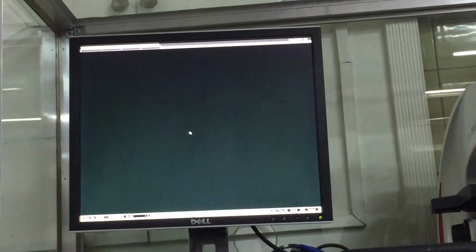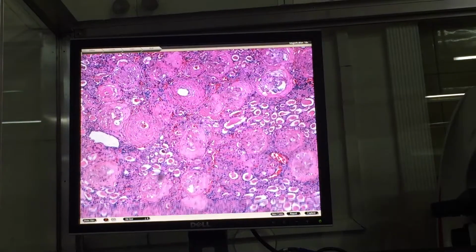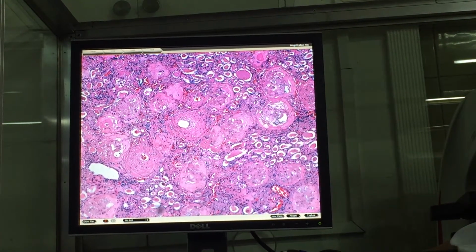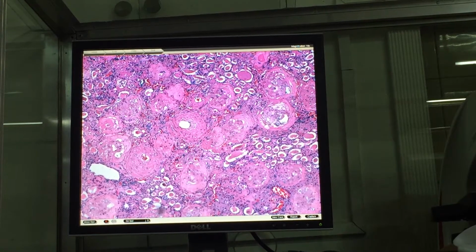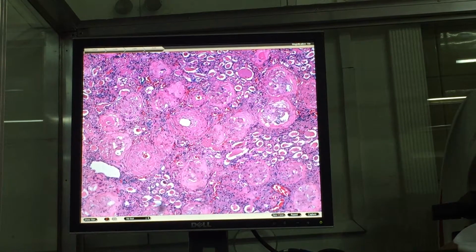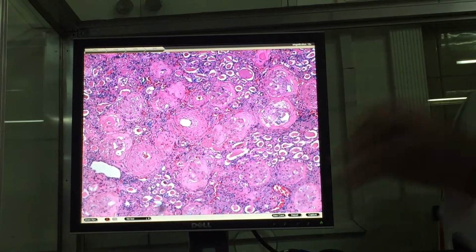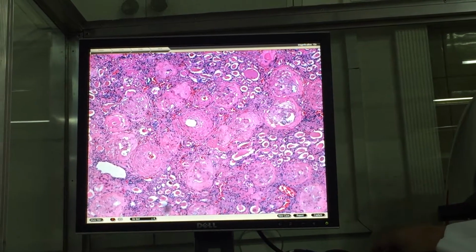Mostly, again, at low power magnification, most of the glomerulus are sclerosed. Okay, all of these are fine, and your tubules are filled with that eosinophilic material. Those are actually, when you urinate in early diabetic nephropathy, you will see these casts.